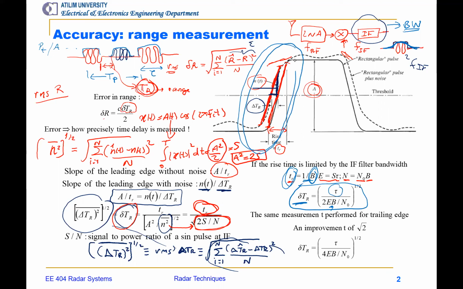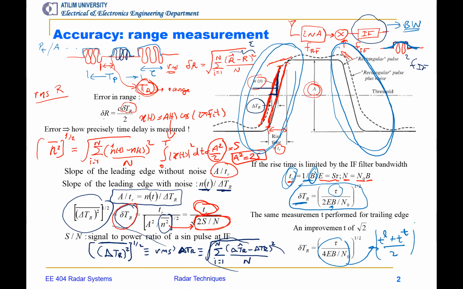We can apply this to the trailing edge as well. So together, then, that's going to be an averaging operation. Let's say this is the leading edge, and we have a trailing edge here, and then get its average, and its square root will give us a factor of 1/√2.